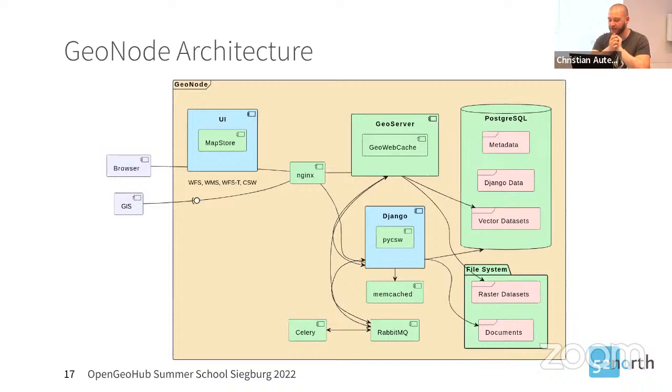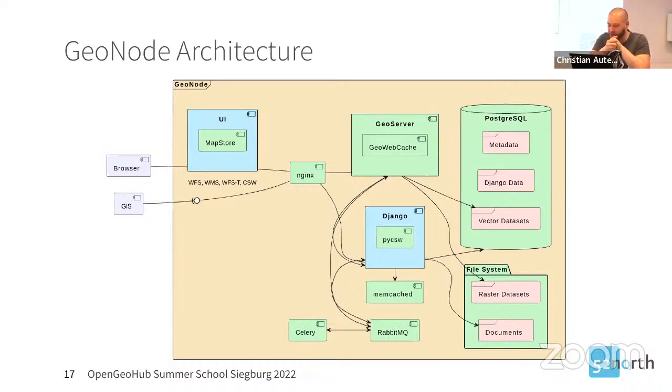And we have in this Django application also an embedded pycsw. I'm not sure how familiar you are with OGC services. Is there somebody who doesn't know what a CSW is? Great. Okay, then we will have a talk about that later.